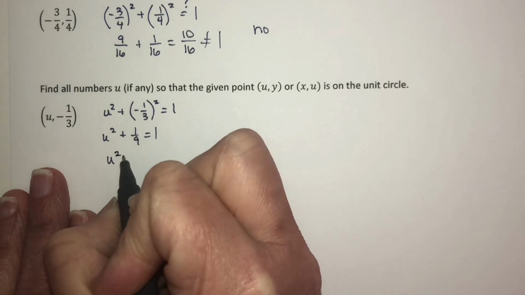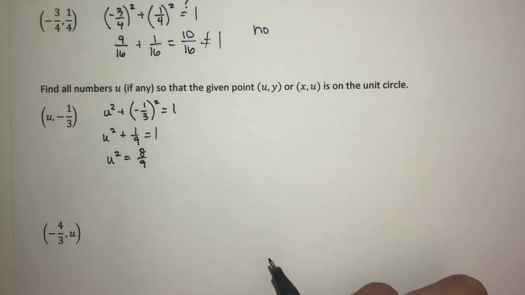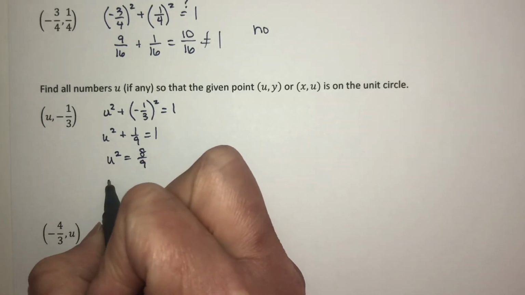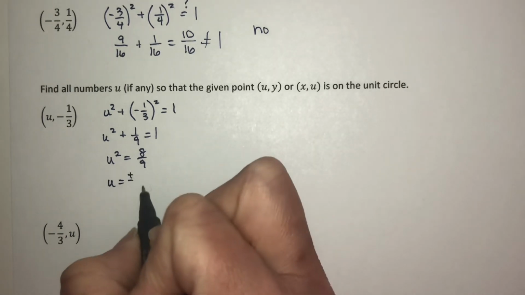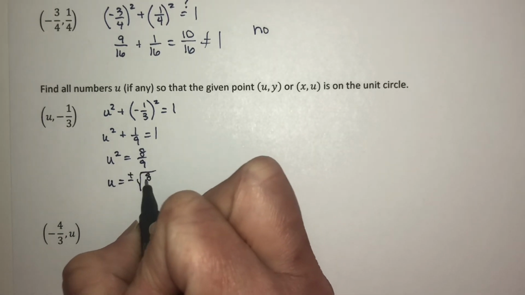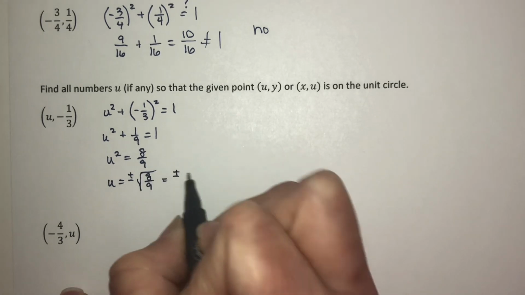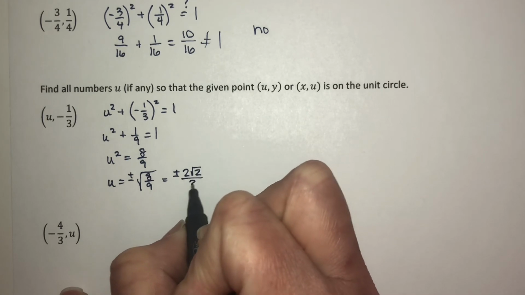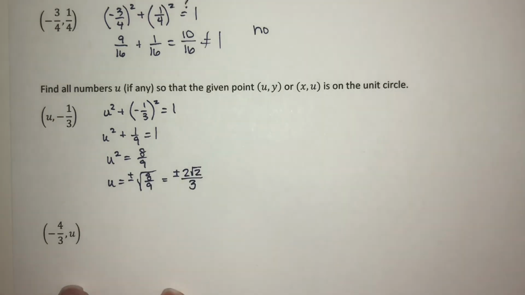You have u squared is equal to 8/9. And now I use the square root property. The square root of u squared is u, and this equals plus or minus, you don't forget the plus or minus, the square root of 8/9. And then if you simplify this, this is plus or minus 2 square roots of 2 over 3. So we did get two x values that will work for that point.